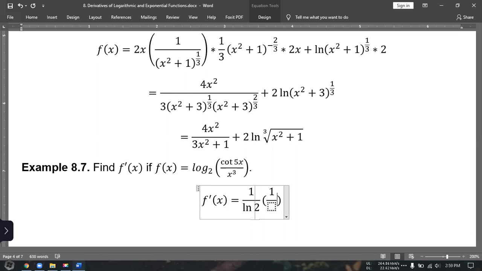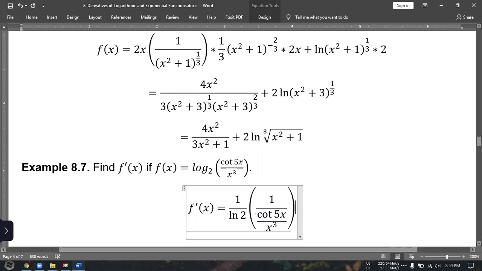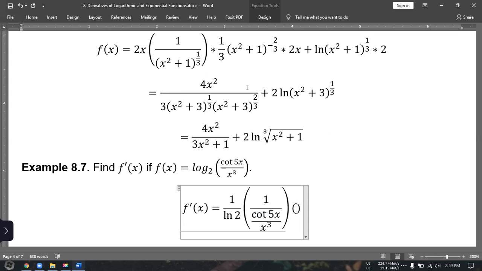Our u here is the given number, cotangent 5x over x cubed. Then times the derivative of u.